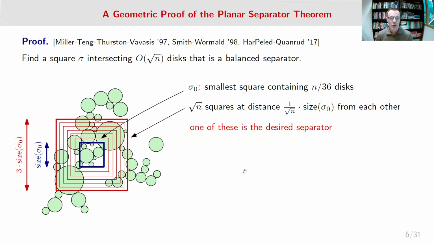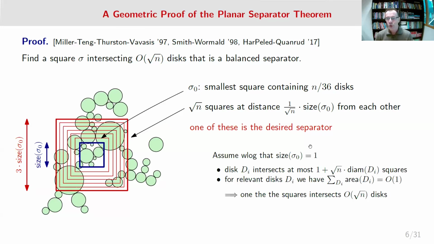Let's assume that this inner square is a 1 by 1 square, then the distance between each of these red squares is 1 over square root of n. So let's assume that this size of sigma 0 is 1. Then I claim that one of these squares is a nice separator. Let me try to show that.